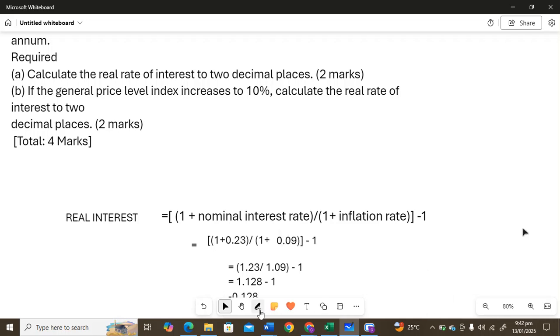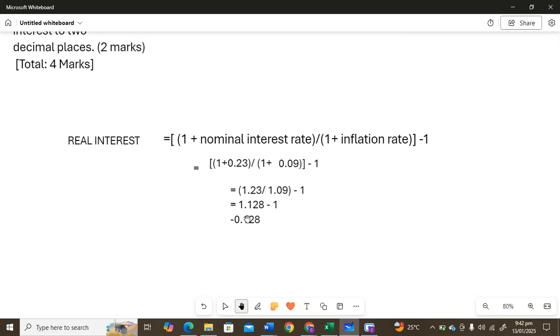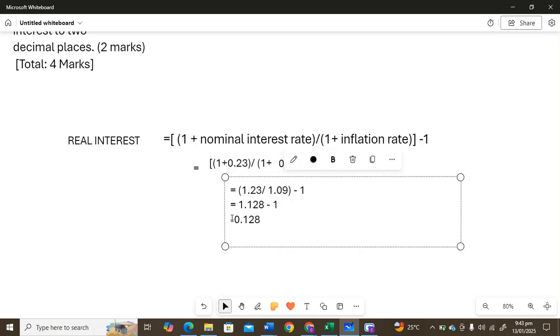So our real interest rate is going to be 12.8%. That's the real interest rate.